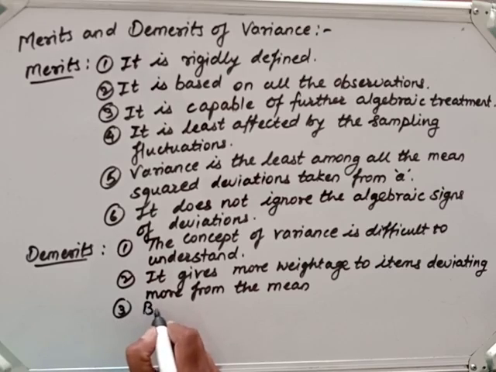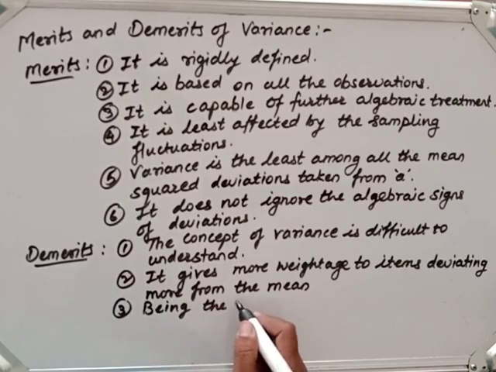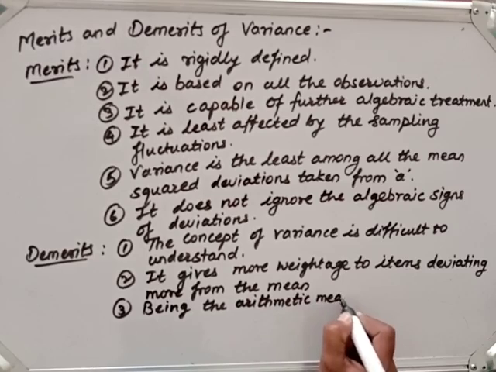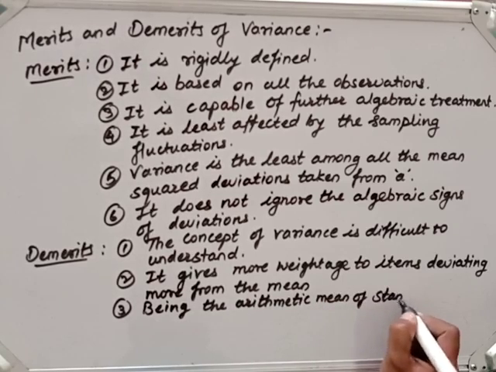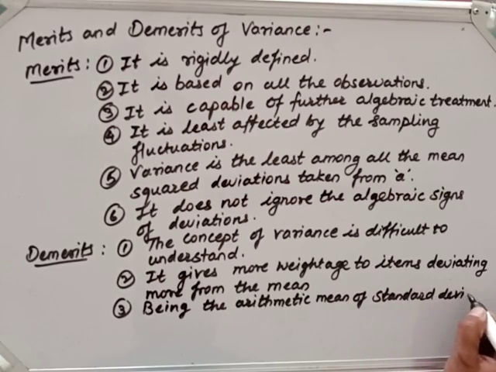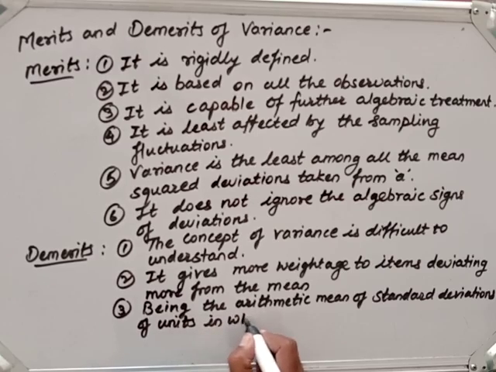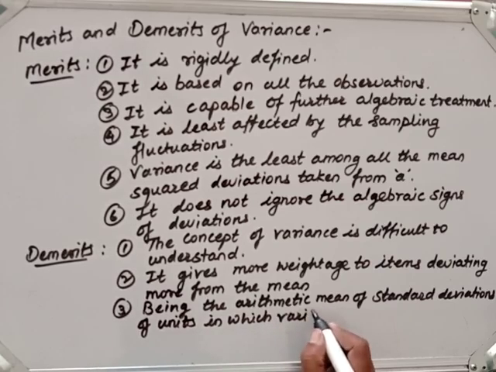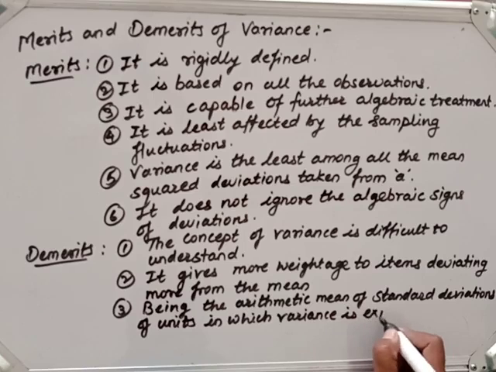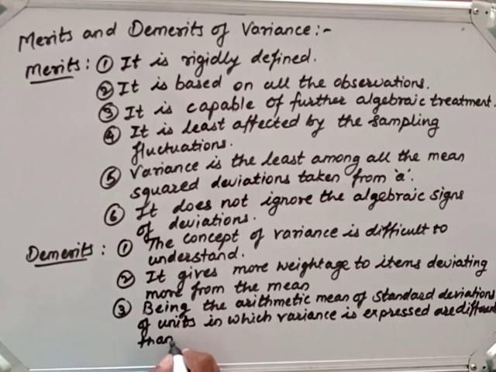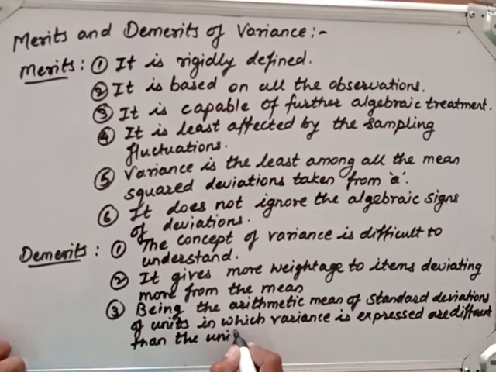Next one, being the arithmetic mean of squared deviations, the units in which variance is expressed are different than the units of the original series.